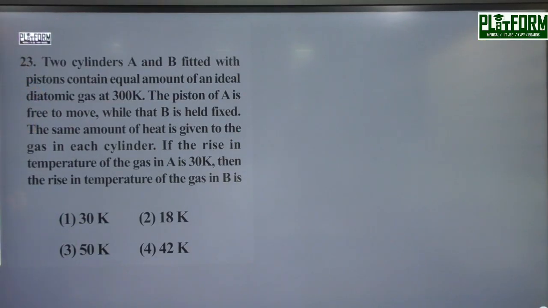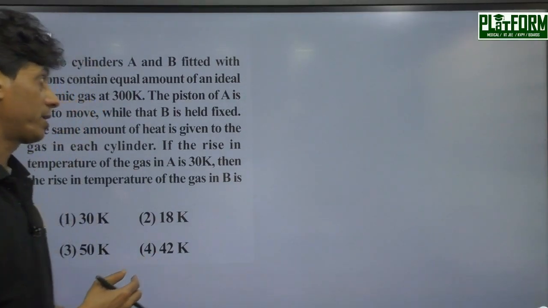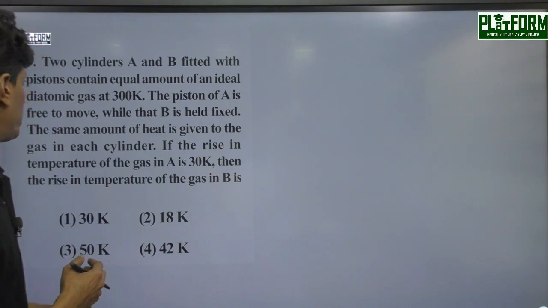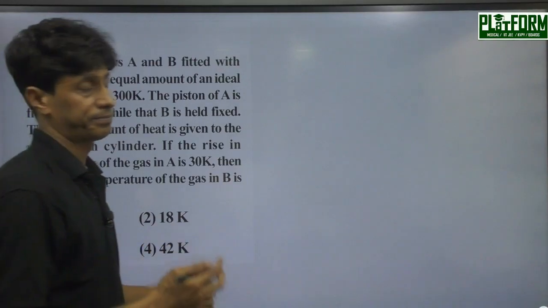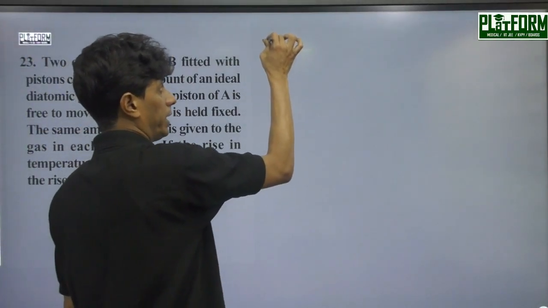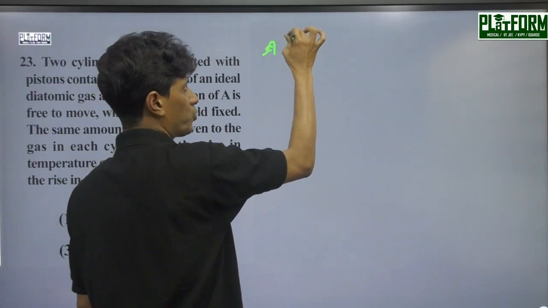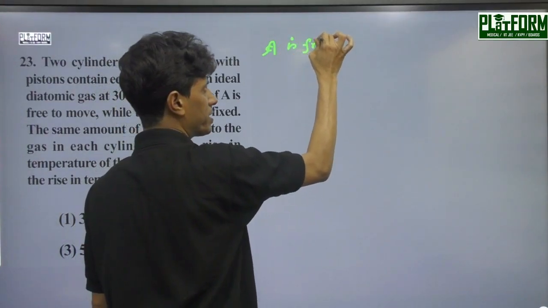Two cylinders A and B fitted with pistons contain an equal amount of ideal diatomic gas at 300 K. The piston is free to move. What does it mean?